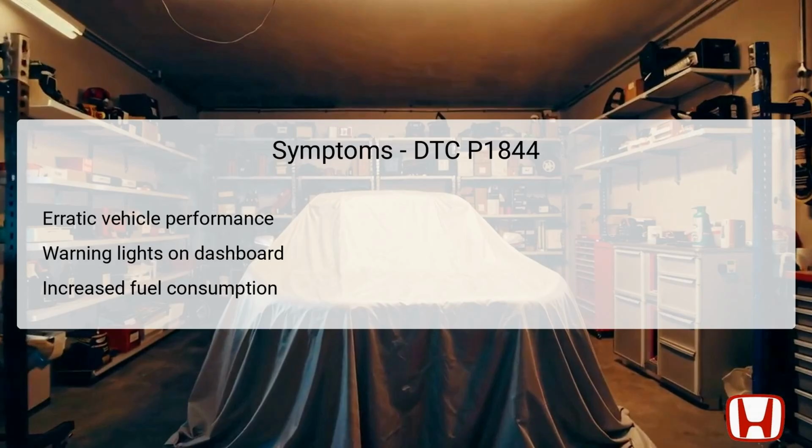Increased fuel consumption can occur, as the CVT may not optimize engine power effectively without accurate sensor readings. Drivers might also experience unusual noises or vibrations that signal underlying issues within the transmission system. Recognizing these symptoms early can assist in prompt diagnosis and repair, preventing further vehicle damage.